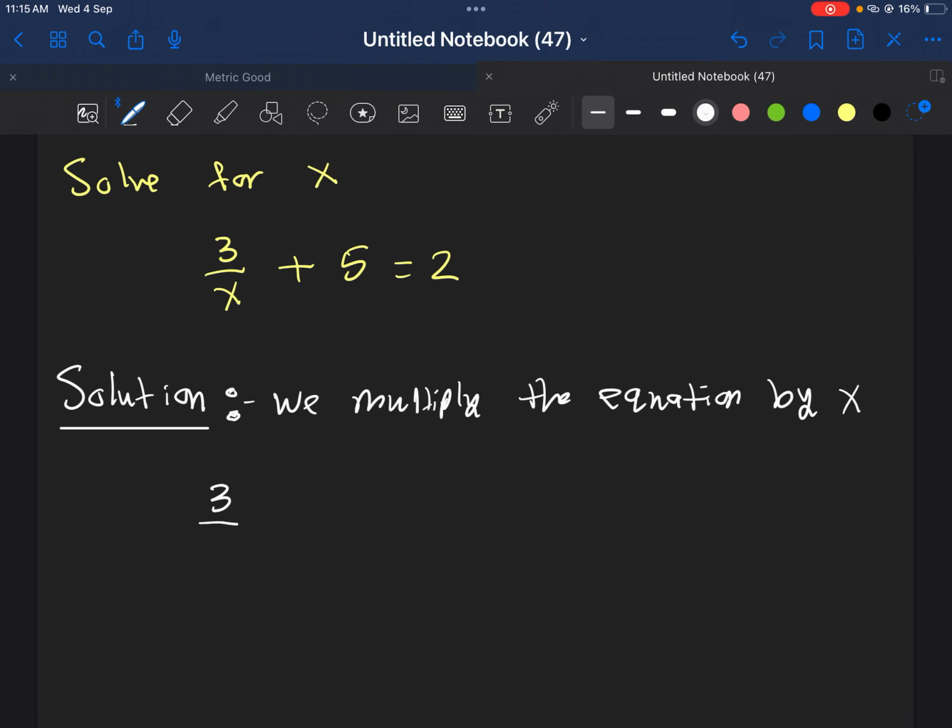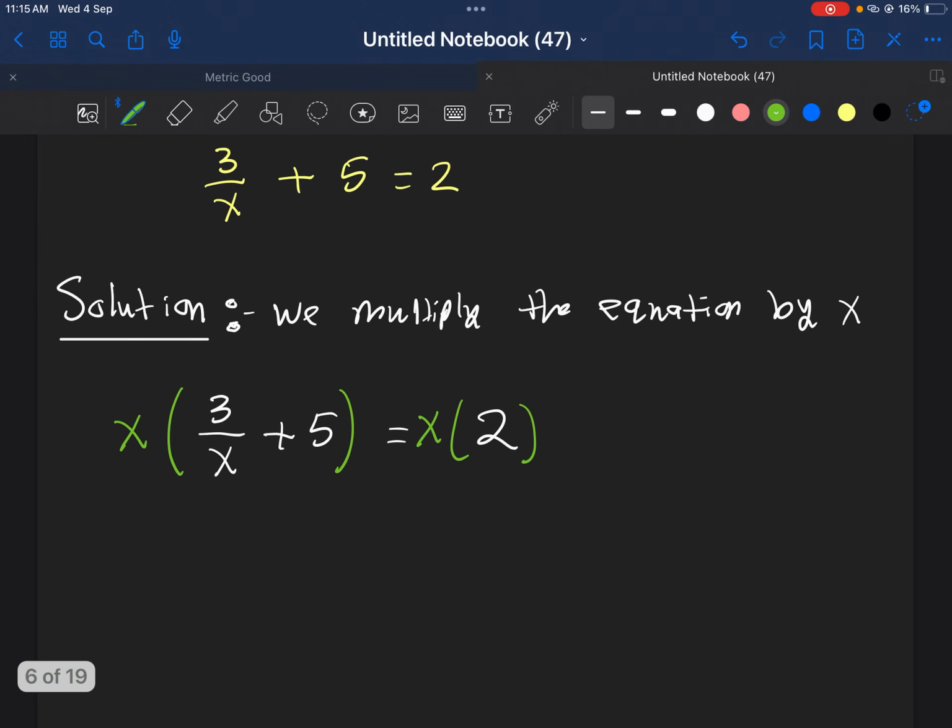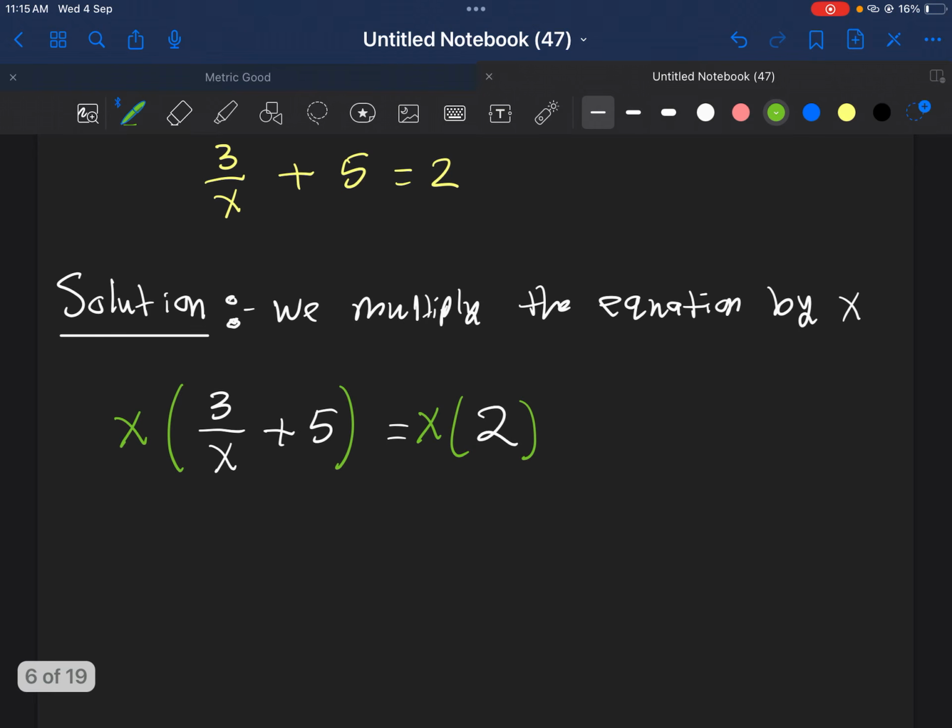That's what we will get. So I have 3 over x plus 5 equal to 2. Now what you need to do is multiply everything, left hand side by x, right hand side by x. Of course, we can multiply one by one or multiply it quickly. If we do this, we get 3 over x, and there is an x here, plus 5 times x.